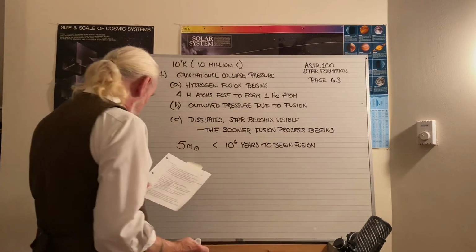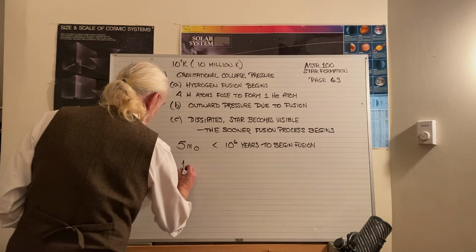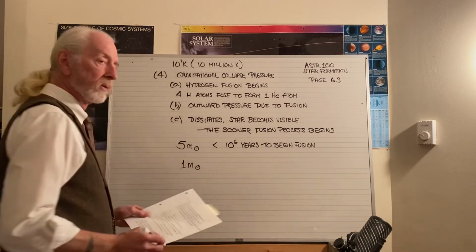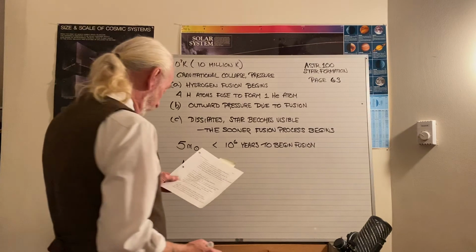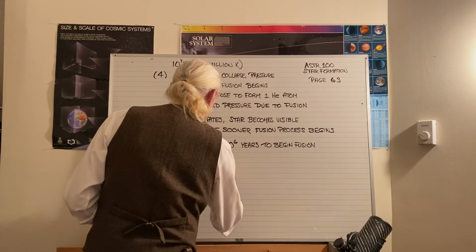If, on the other hand, you have 1 solar mass, like us, this process from pre-main sequence to fusion can take tens of millions of years.